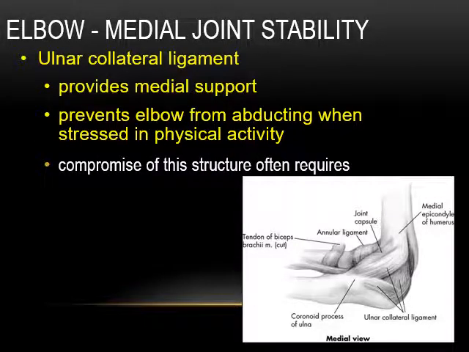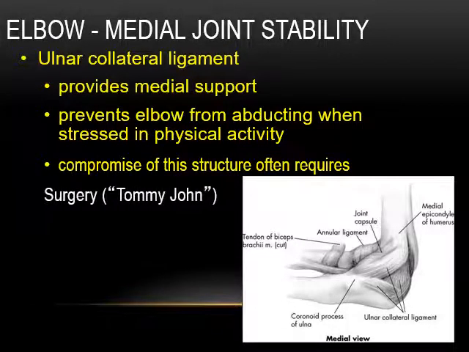Compromise of this structure often requires what's called Tommy John surgery. For those of you who follow baseball a lot, it's very common to hear of this. Tommy John surgery is when they reconstruct the ulnar collateral ligament from the palmaris longus tendon. The palmaris longus is a wrist muscle.